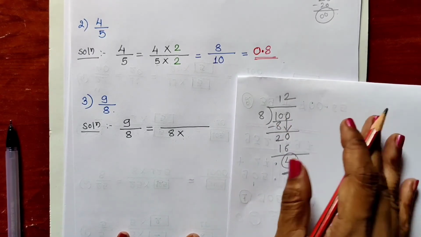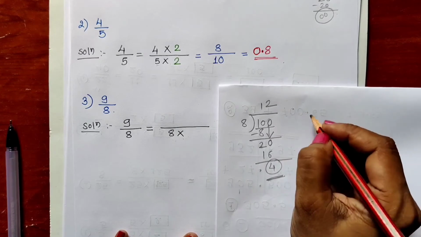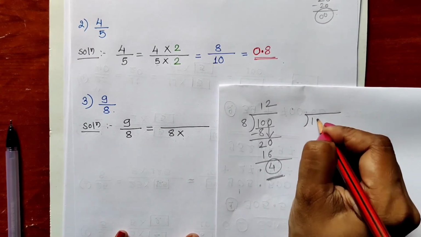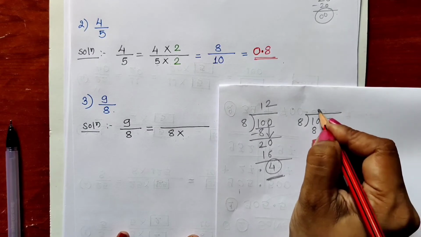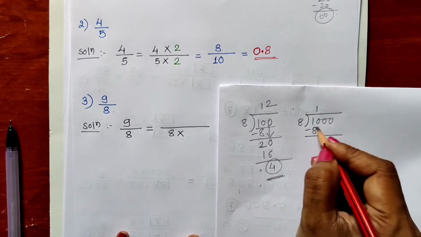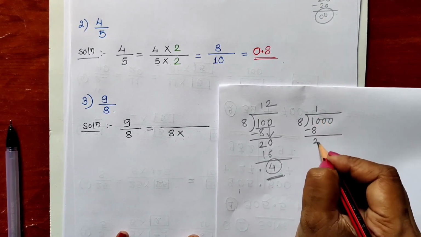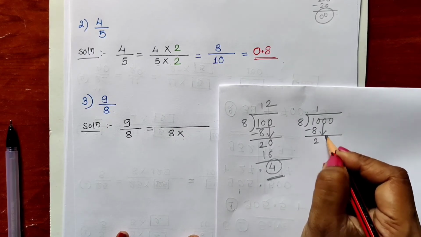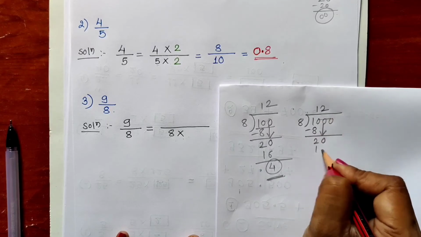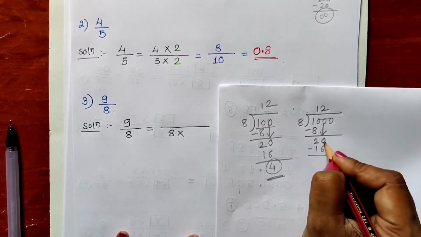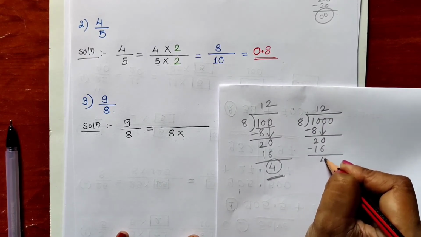It is not possible. Now let us see, can we get 1000 in the denominator? That means we will have to divide 1000 by 8. So let us divide. 8 1s are 8. 10 minus 8, answer is 2. Then we put down this 0. 8 2s are 16. 20 minus 16, answer is 4.